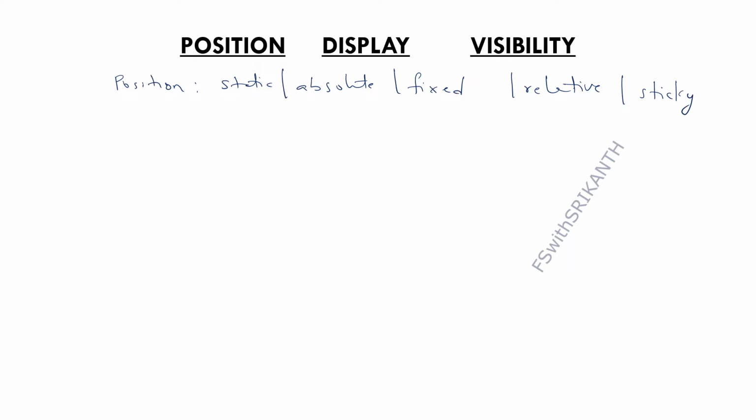The position has five important values: static, absolute, fixed, relative and sticky. So here the position specifies the visual position of the element in the web page.